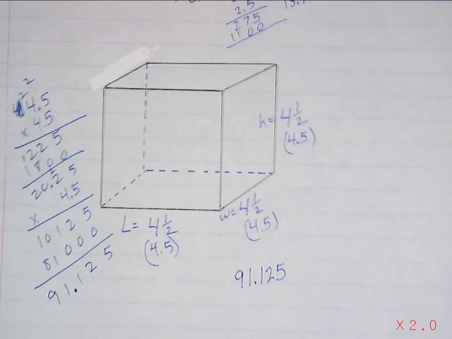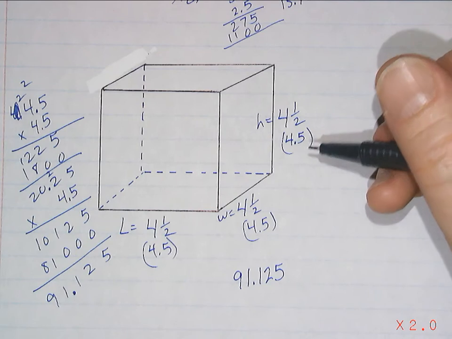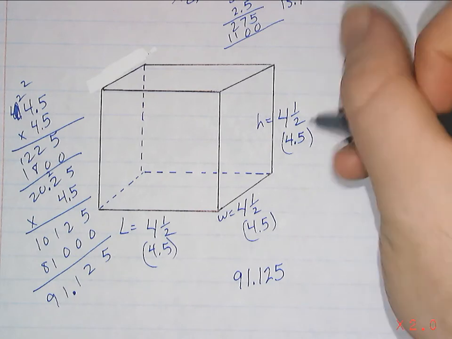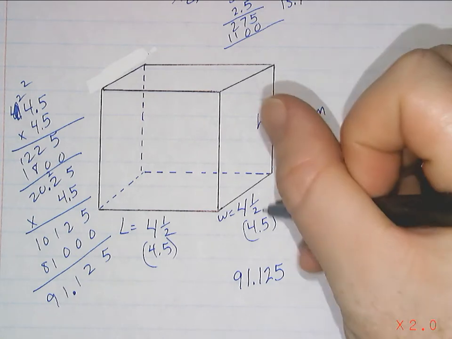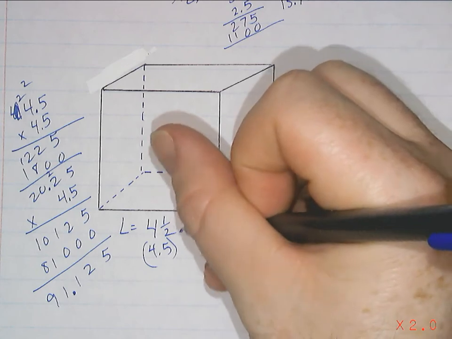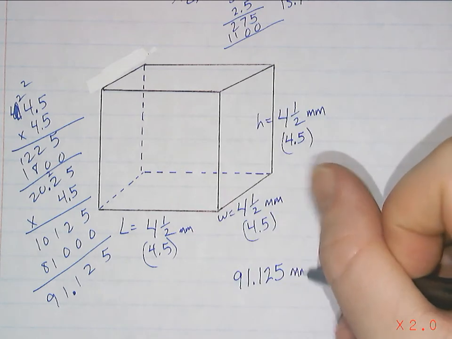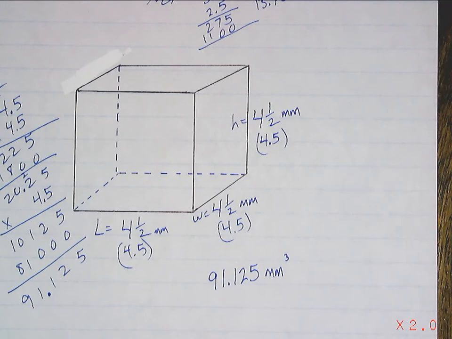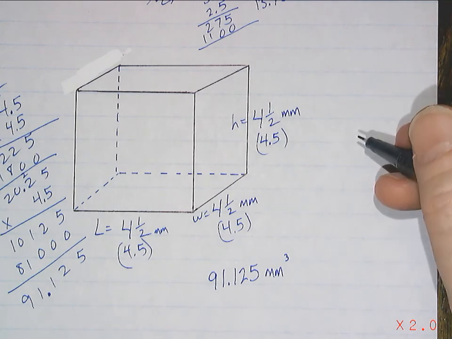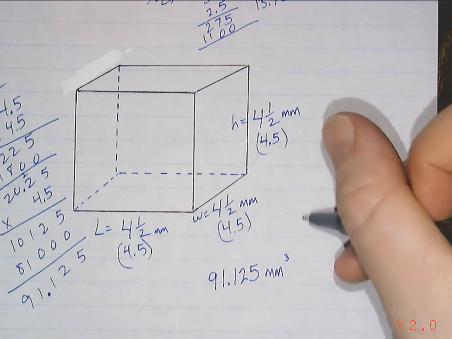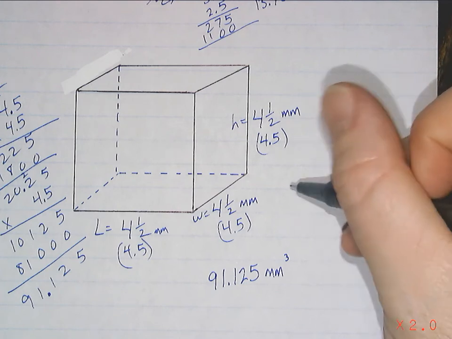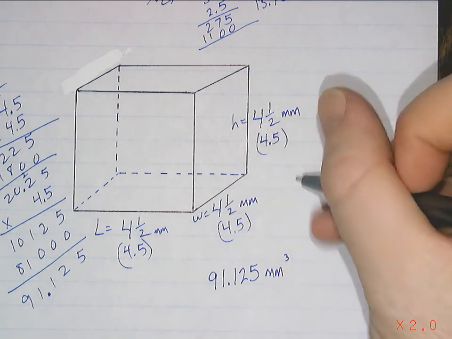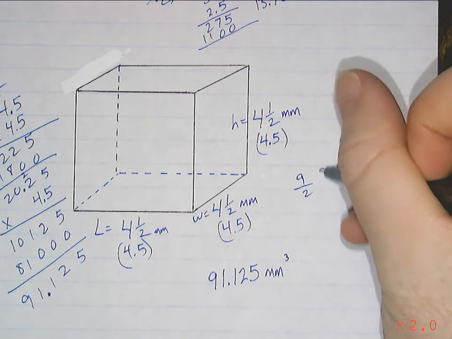Okay. And this one, I believe, in your book for the example, is millimeters. So this is going to be millimeters cubed. And if you had done this using the fraction way, which I'm not going to do, but if you did, that should be 9 over 2 times 9 over 2 times 9 over 2.